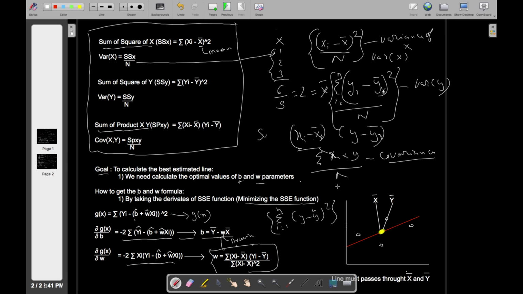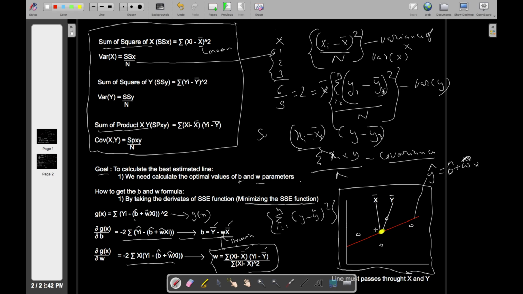Okay, let me explain this diagram here. So this is the mean value of y and the mean value of x, right? Here also the mean value of x and y, right? So if we get the b and w values, this is the line we come up with, y hat equals b hat plus w hat x, right?